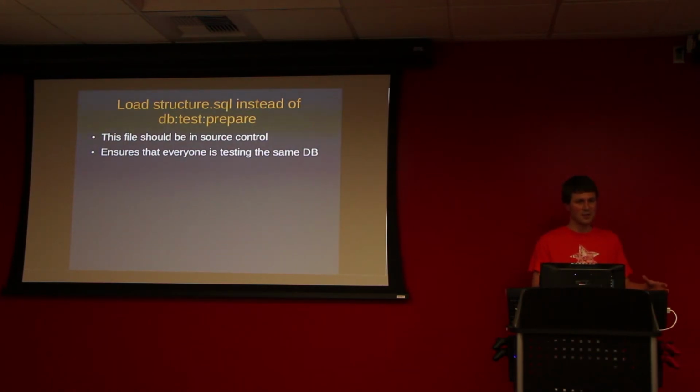And they're changing that now so that it just loads that structure.sql file. And as long as you're up to date with your migrations, it won't dump the development database again. I think this is great because this way you can put the file in source control.